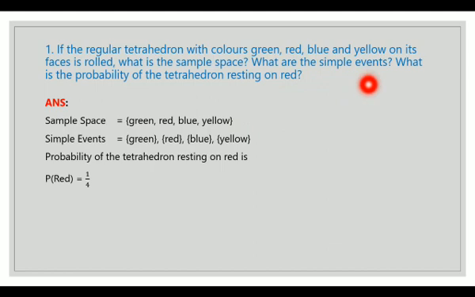Simple events are green, red, blue, yellow. The probability of the tetrahedron resting on red is red upon the total possible events, that are 1, 2, 3, 4. So the probability of red equals 1 upon 4.